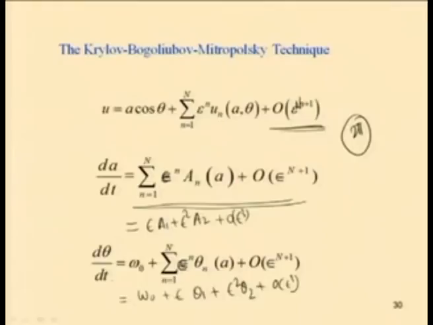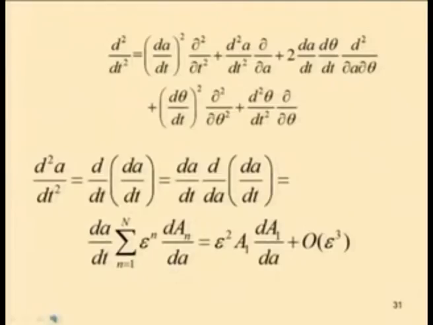So, instead of integrating as in the case of the Krylov-Bogoliubov method, here dA by dt and d theta by dt are written in this expansion form, and now one can write d square by dt square.